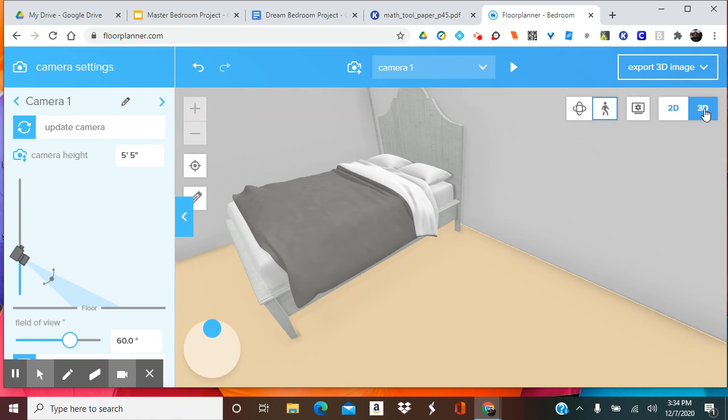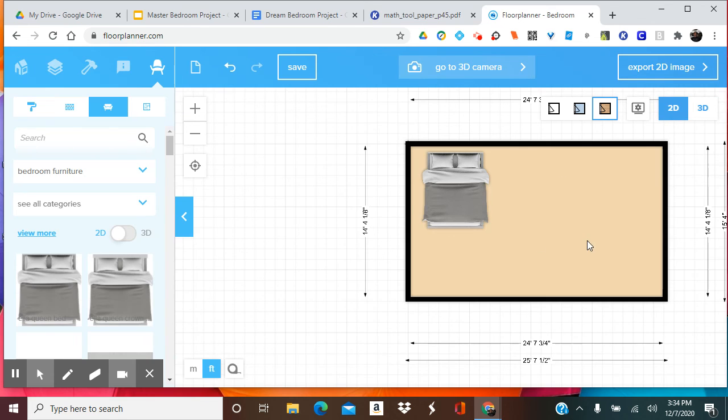So what I want you to do here is you can export. I want a picture of this when you're done, and the dimensions. The dimensions here are automatically done for you. So if you're going to do a screenshot, you're just going to click and drag, and I want the dimensions, length times width, and the furniture on the inside.